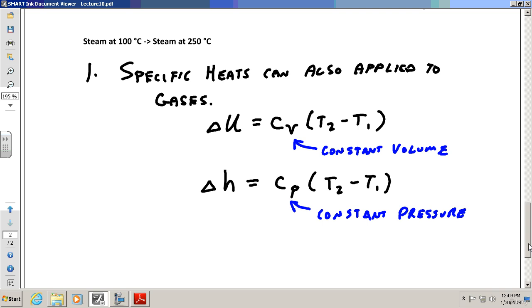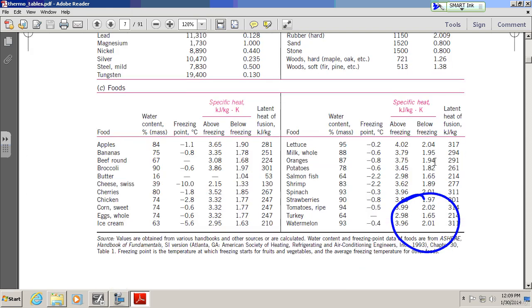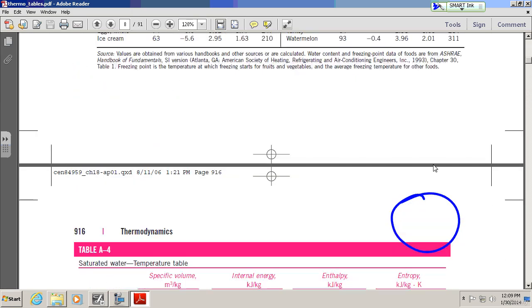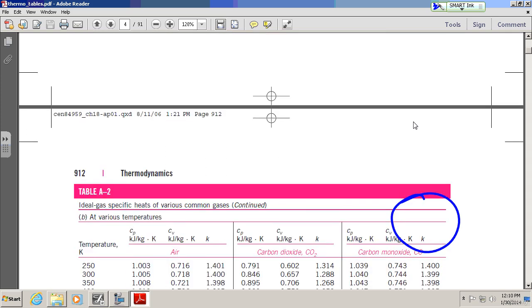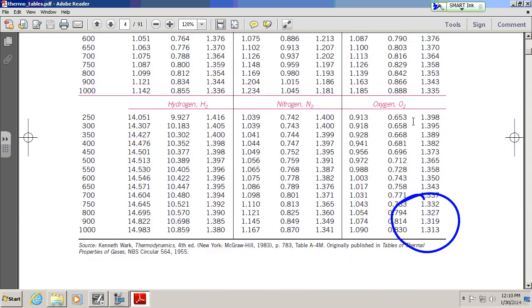By the way, for steam, let me show you this here. For steam, C sub P. I think it's earlier. Here we go. That's oxygen.